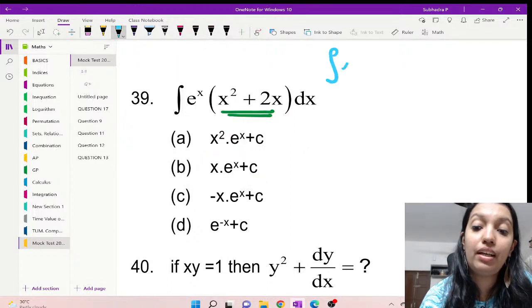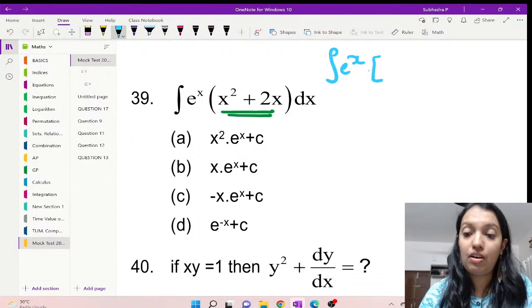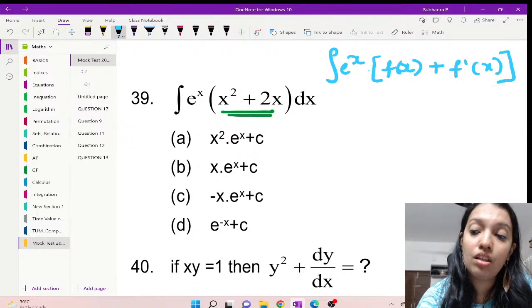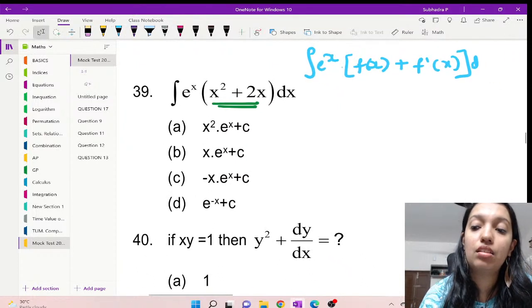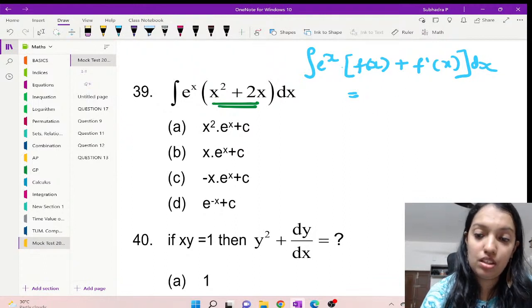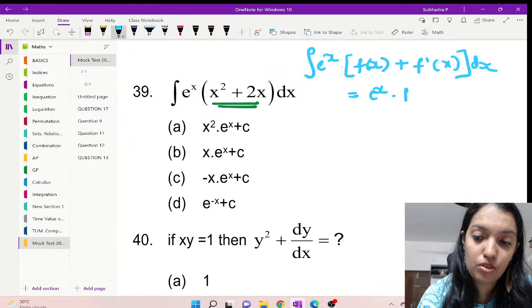So we have a direct formula, e power x into function of x plus derivative of x. In that case, I can directly write this as e power x into function of x plus c.